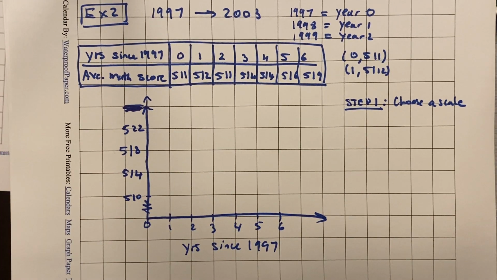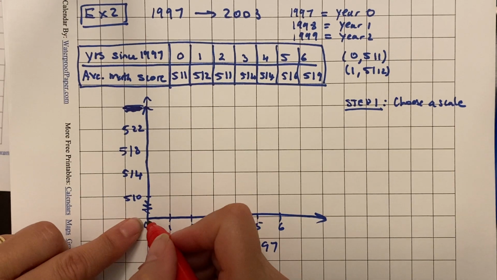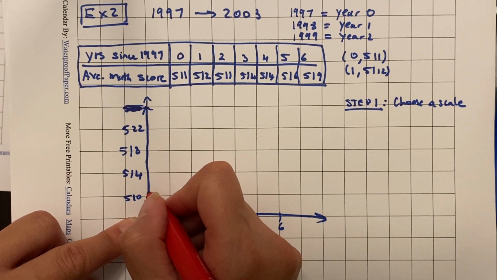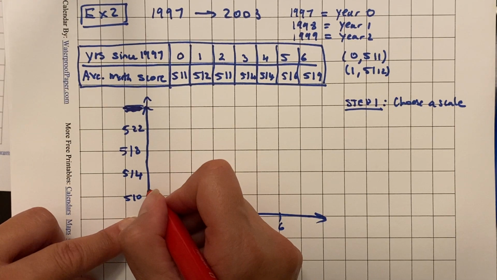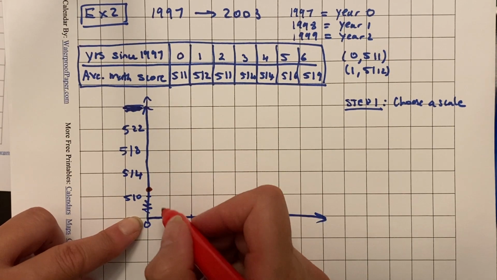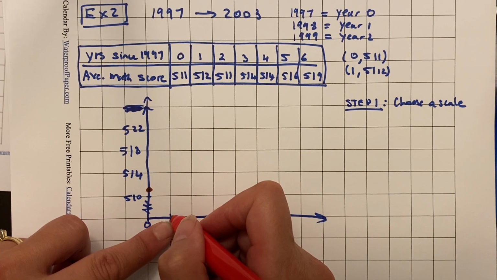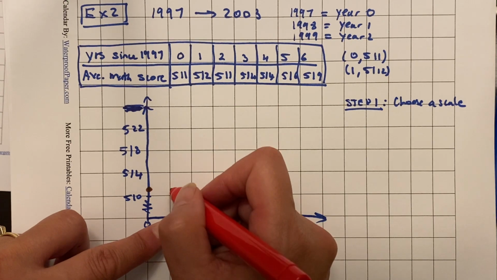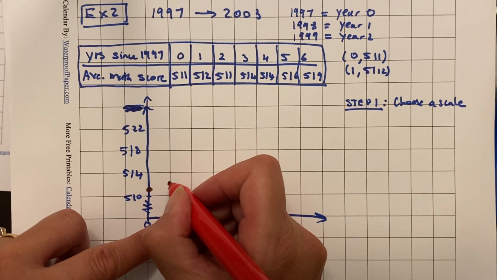Okay. So here now, when I plot things, I can represent things just a bit better. So year 0, 1997, here's my score. In between is going to be 512, so 511 is going to be right there. Year 1, which is 1998, 512, right here in the middle.